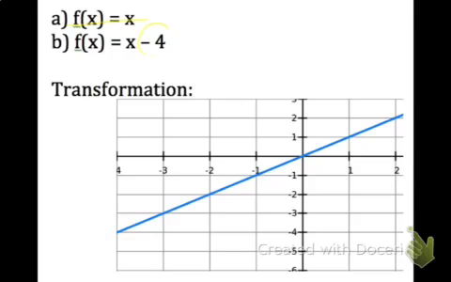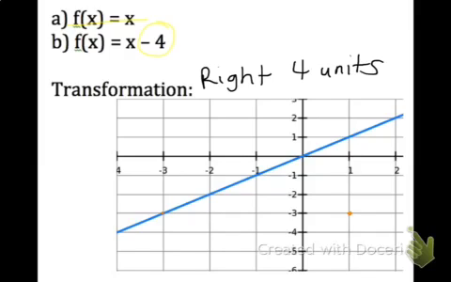And our transformation is we're subtracting the 4, which means that we're going to the right, 4 units. So I'm going to start far over like about here, so we'll have some space. And I'm going to move this to this point right here, 4 units to the right. 1, 2, 3, 4. So that point will come here.